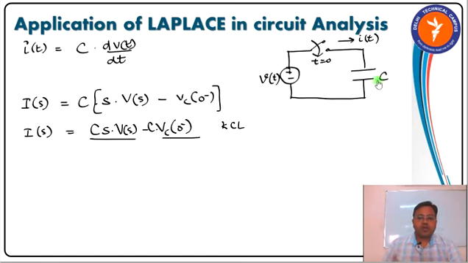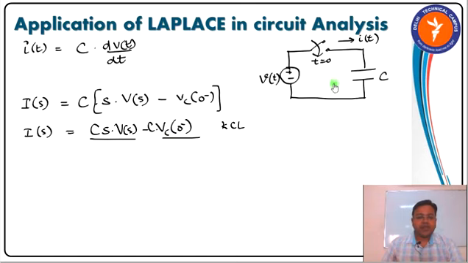So in the case of a capacitor, I can draw its equivalent circuit using this equation, and this equation says that a capacitor can have a parallel equivalent circuit because it is a current, and currents only add up in a parallel circuit.